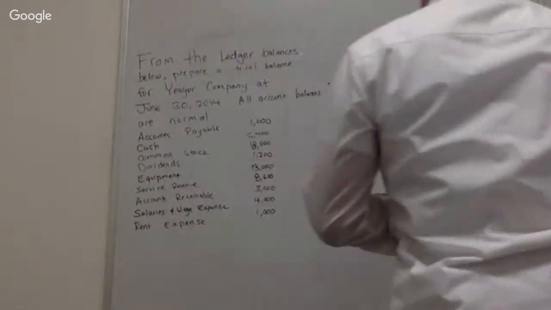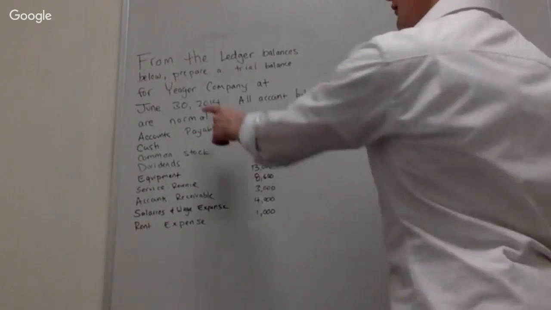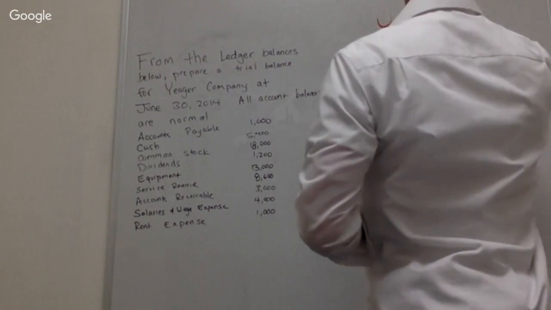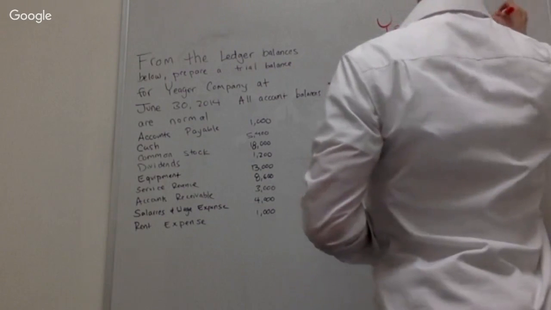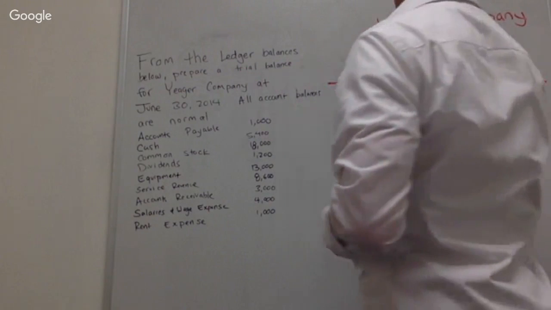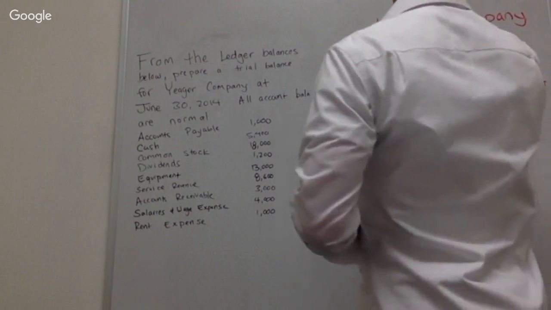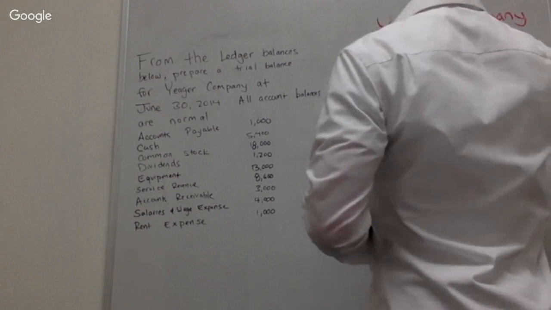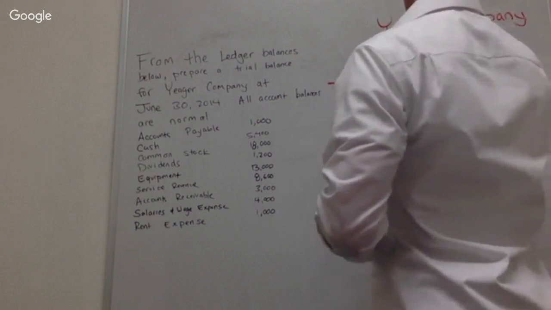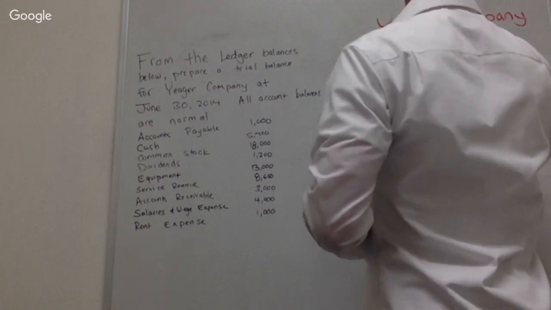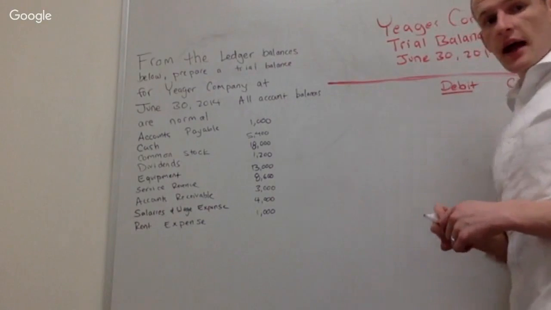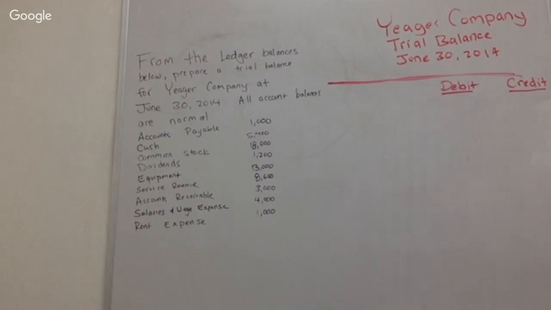So at the very top I'll write Yeager Company, then directly underneath, Trial Balance, and lastly the date, June 30th, 2014.